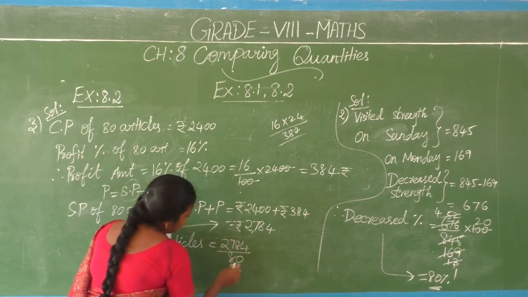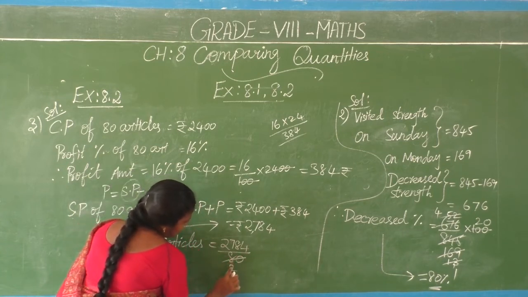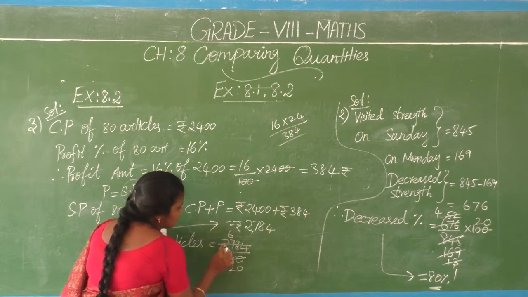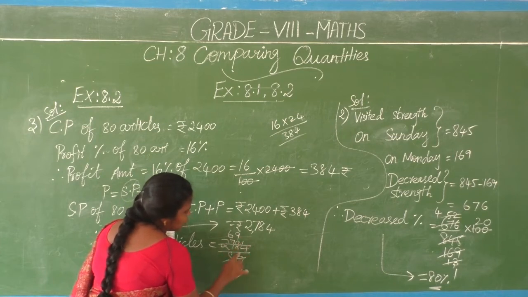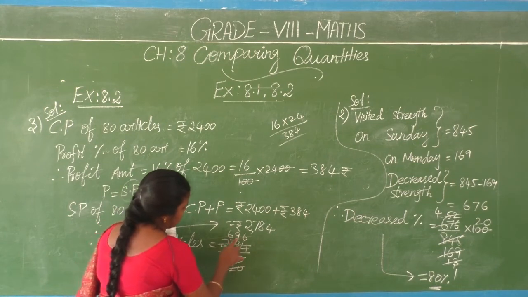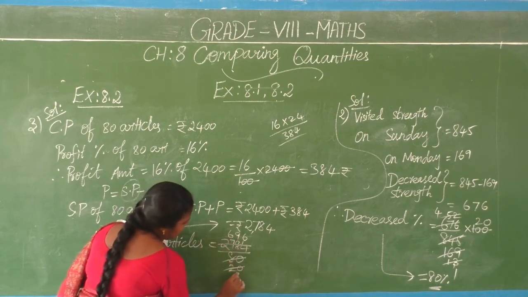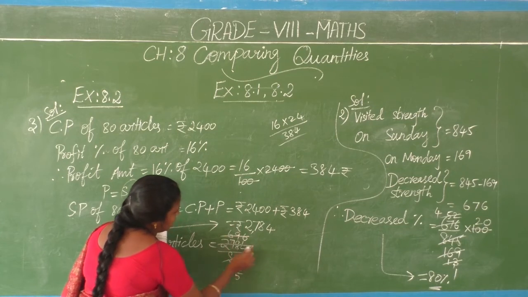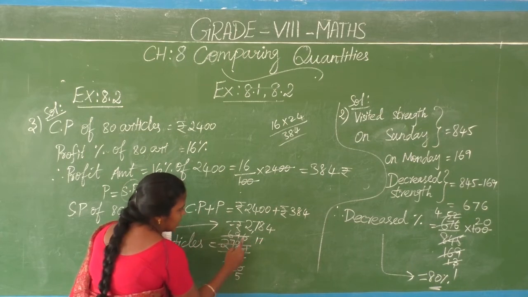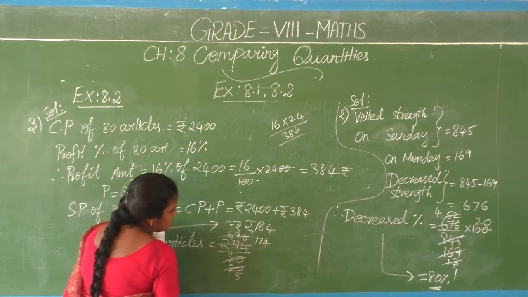By the fourth table: 2 4s are 8, 0, 24s are 80, 6 4s are 24, remainder 3, 38, 9 4s are 36, remainder 2, 24, 6 4s are 24.